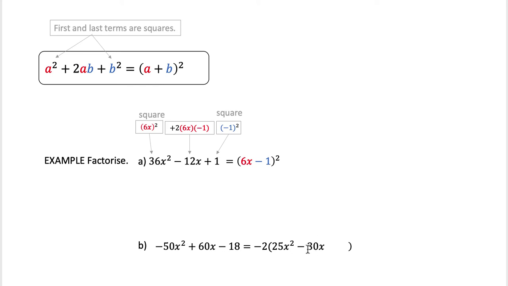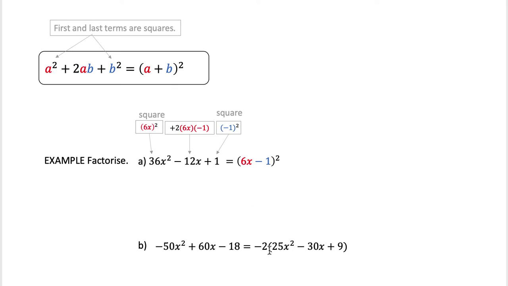Well, negative 30 times negative 2 is positive 60, and then times the x. The last term in here, what times negative 2 is negative 18? Well, positive 9 times negative 2 is negative 18. And then we'll see that we have 3 terms inside the brackets, and let's try using this again.